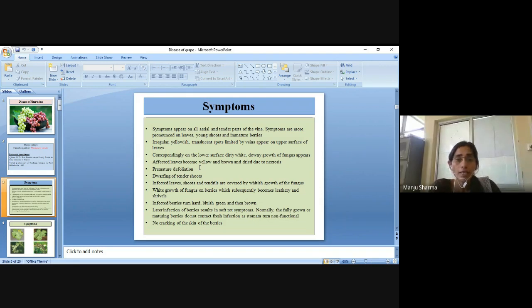Affected leaves become yellow, brown and dry due to necrosis. Premature defoliation will be there.